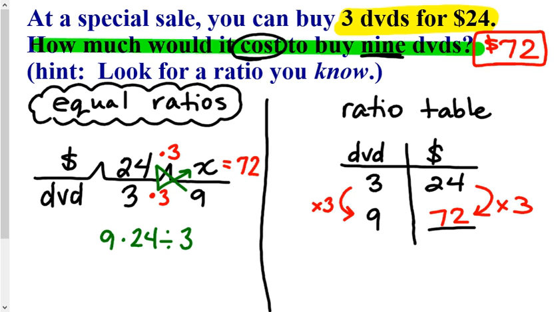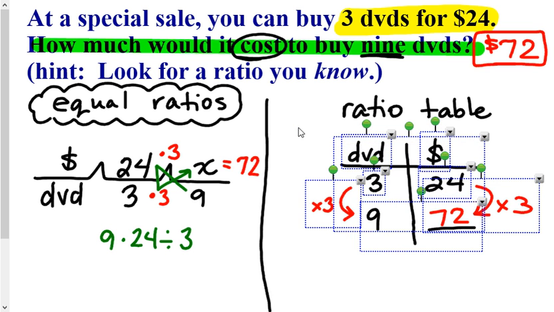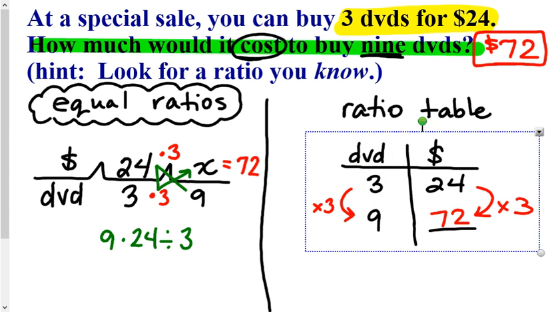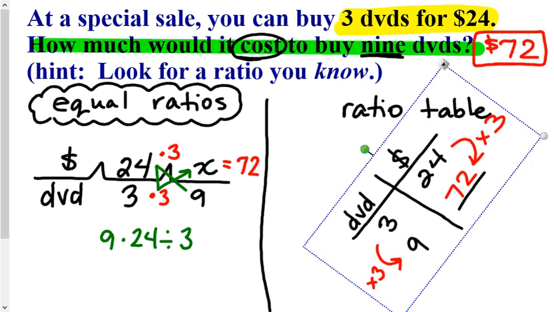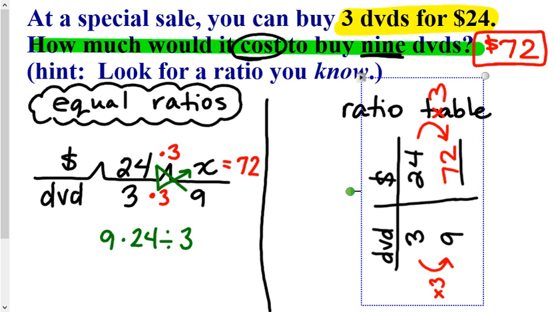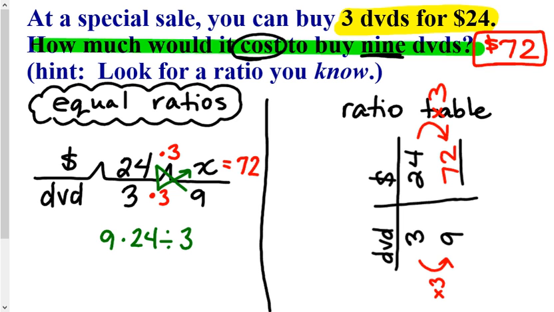Now, I want you to notice that if I look at this really closely, actually this is really quite similar to the way that we just did it with the bridge map.